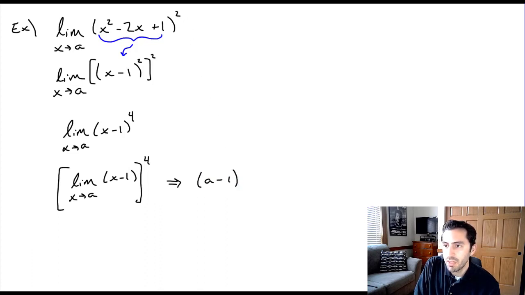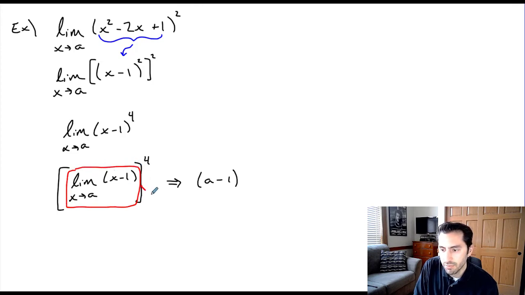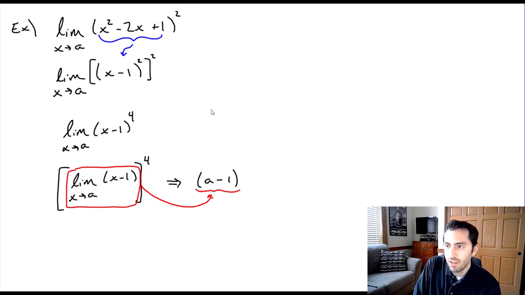So that piece, so the stuff that's on the inside here, so this limit, that's the same as this piece here. So this is what it simplifies to. And I still have my exponent to the fourth power. So this limit is equal to a minus 1 to the fourth. And that's how we use the limit of a power.